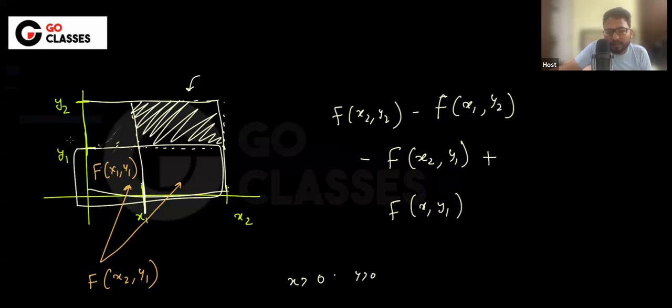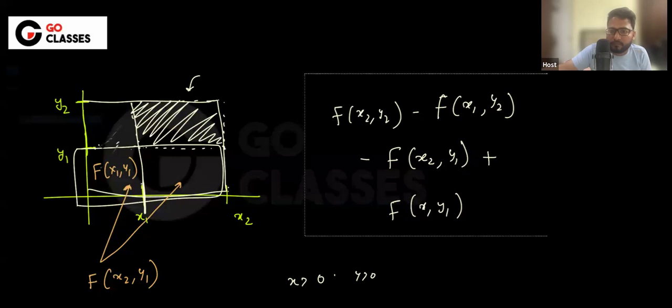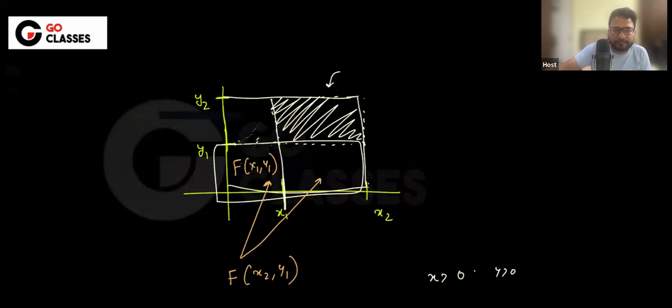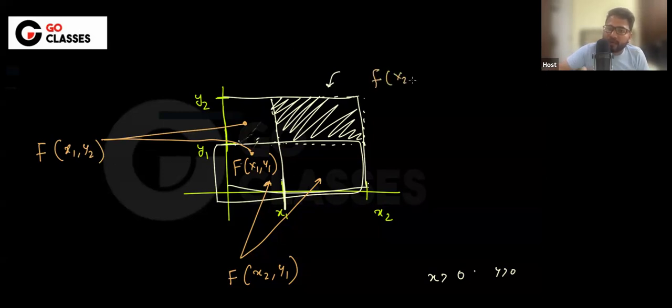Both of these areas will be till x1 and y2, so this will be F of x1, y2. And the complete area is F of x2, y2.